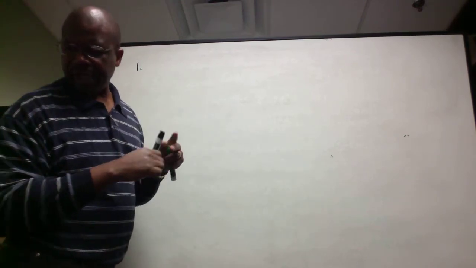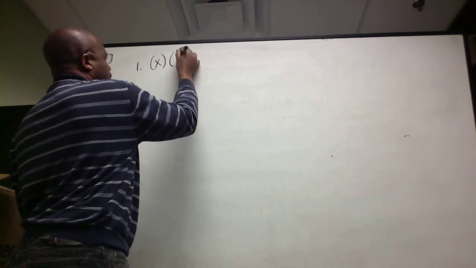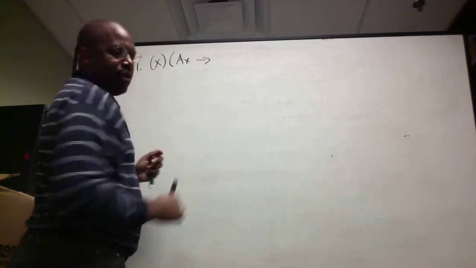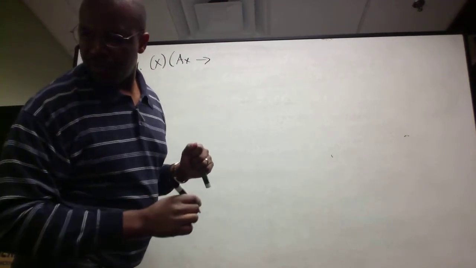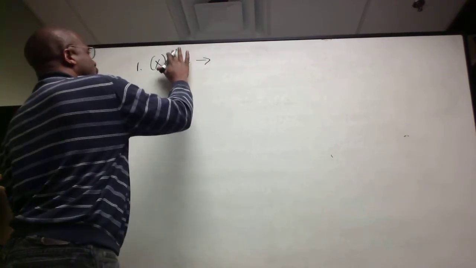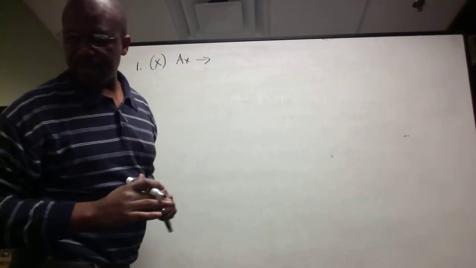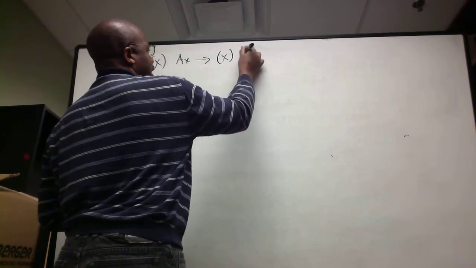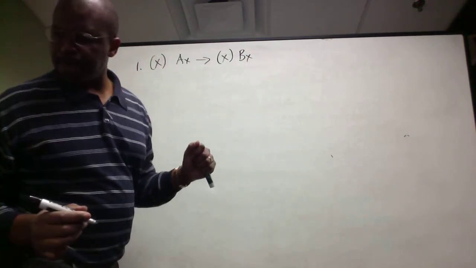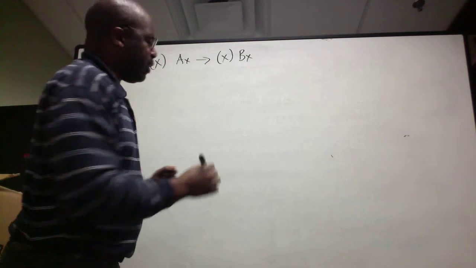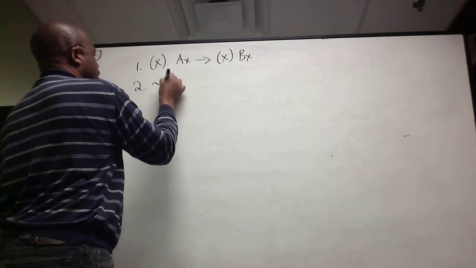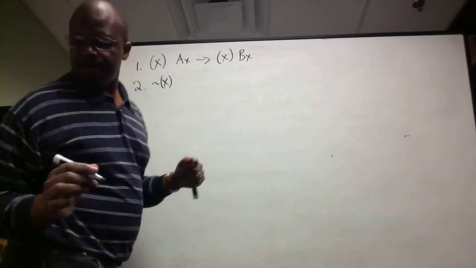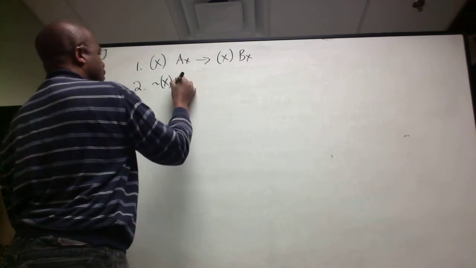We will use RAA. So you have for all x, Ax arrow. Oh, that x binds only that. And then for all x, Bx. And then from this 2, not x, Dx.